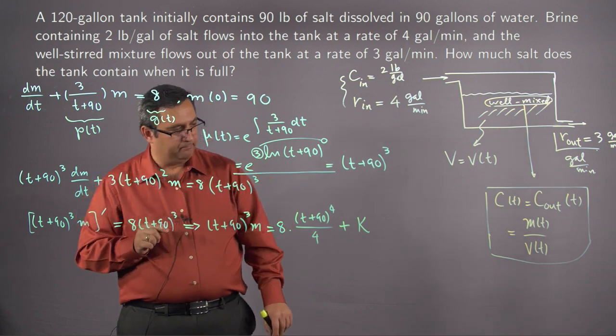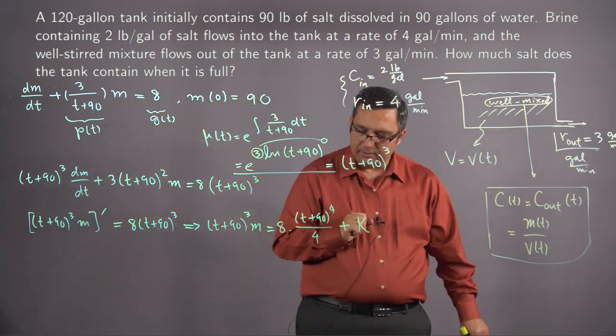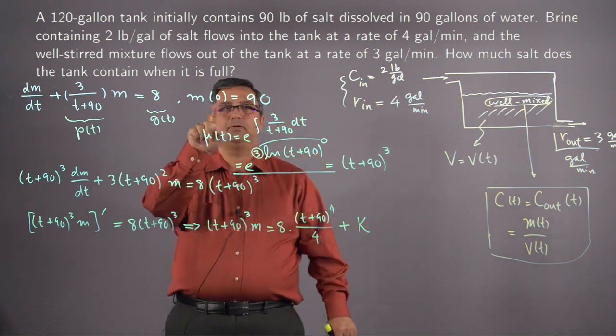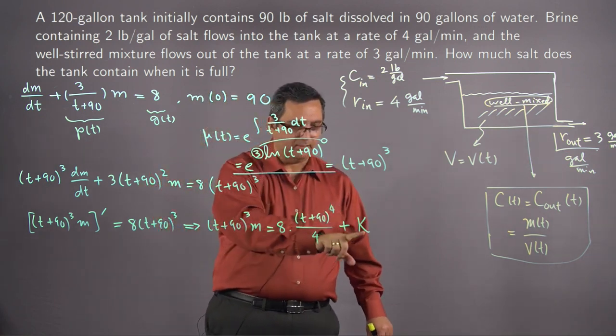So now, in order to determine the constant of integration, I realize that m at 0 is 90, so I have to use that condition to find k.